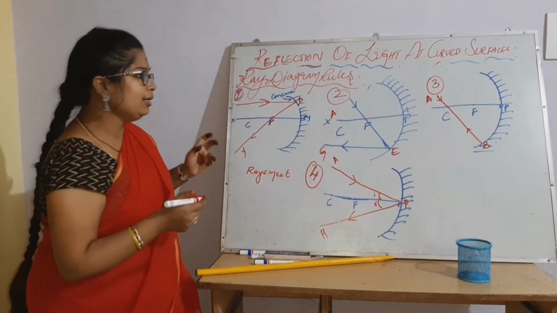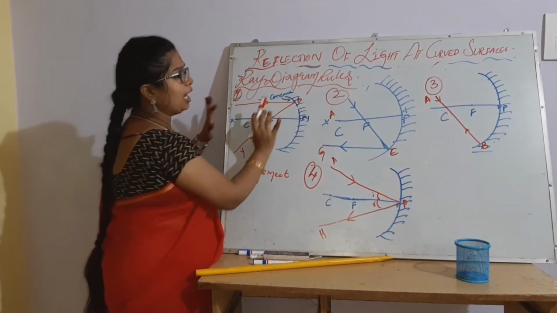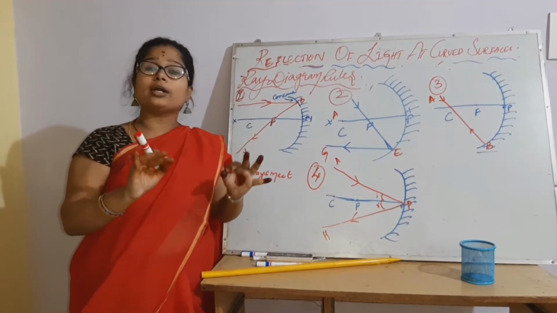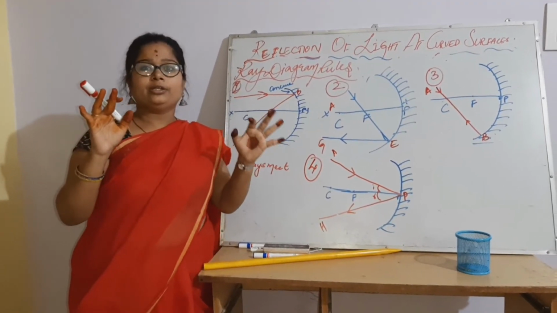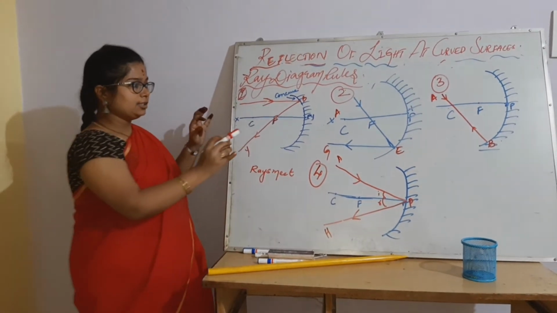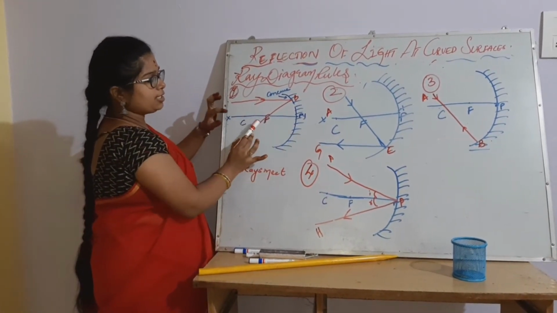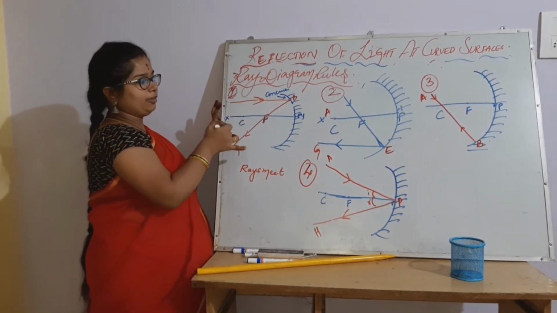Yes, coming to the point: ray diagram rules. What are the rules in the ray diagrams you need to follow to draw the image? See, this is the concave mirror, this is the pole, this is the focus, this is the center of curvature.